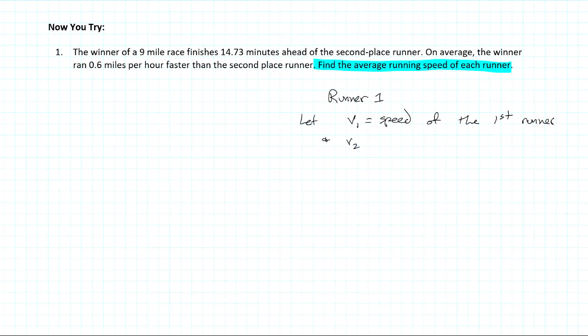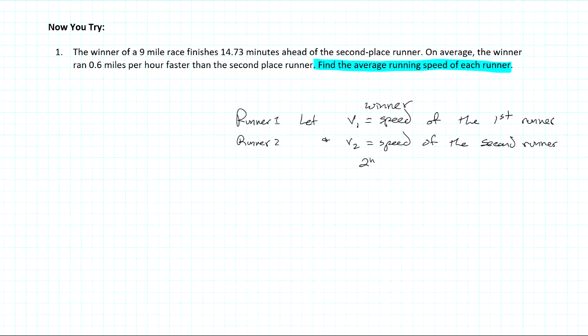And V2 equal the speed of the second runner. And actually, we need to adjust this because one of them wins and one loses, and we need to identify which is which. Let's let the first one be the winner and the second one be the second place.